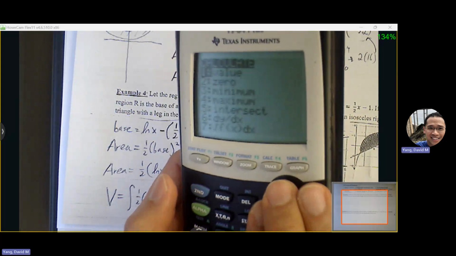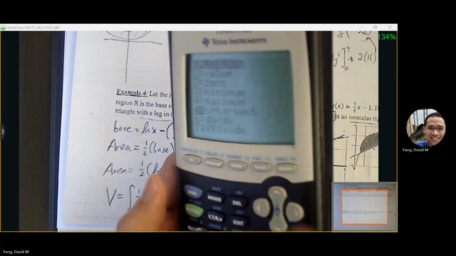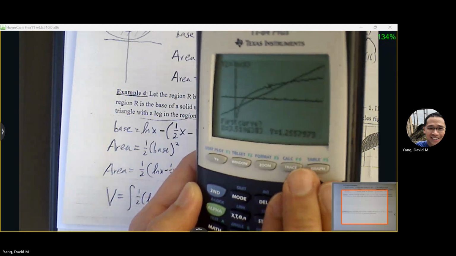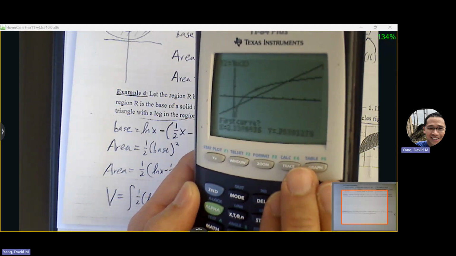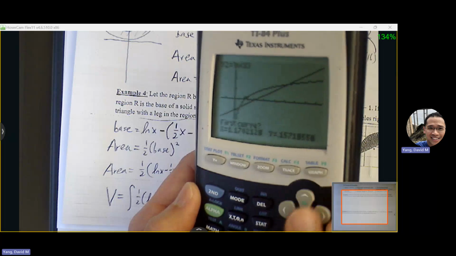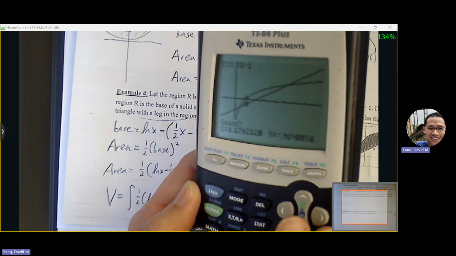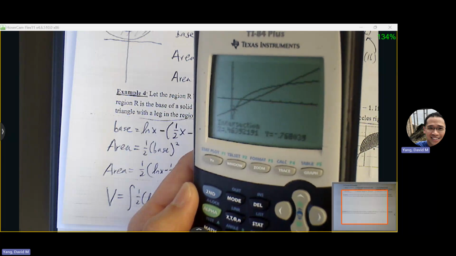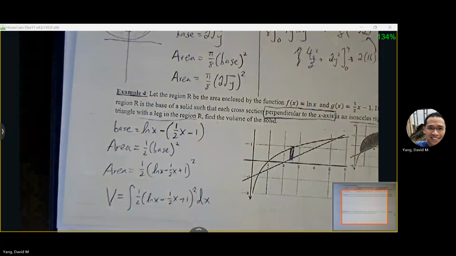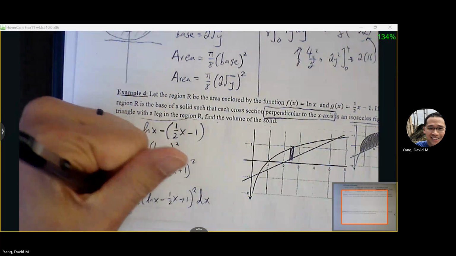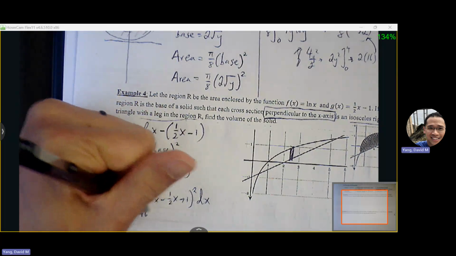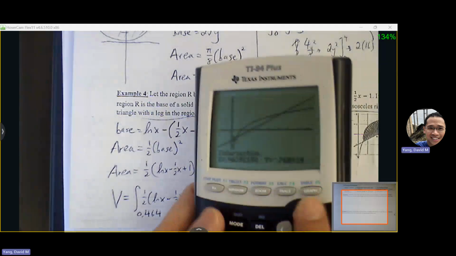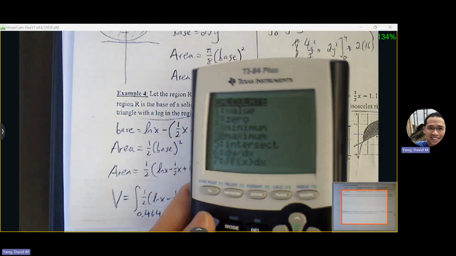Second trace, intersect. So I'm going to scroll to a point near my left intersection, hit enter, enter, enter a third time. I get 0.464. That's my left bound. And now we're going to do second trace intersect again.